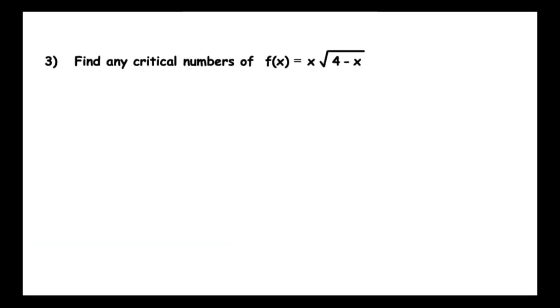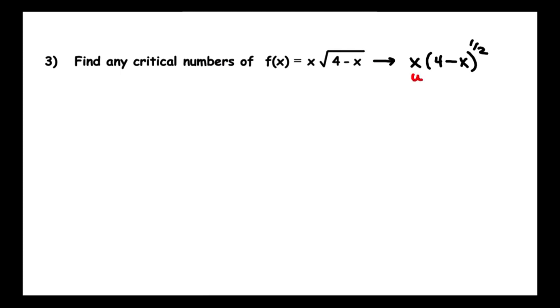Find critical numbers. Again, if you remember from the first slide, a critical number is where the derivative is either 0 or it doesn't exist. All right, so let's take a derivative of this. But before I do, I'm going to rewrite it in a more calculus-friendly form of the 1/2 power over here. And I don't know if you recognize this or not, but it's our longtime friend, the product rule.